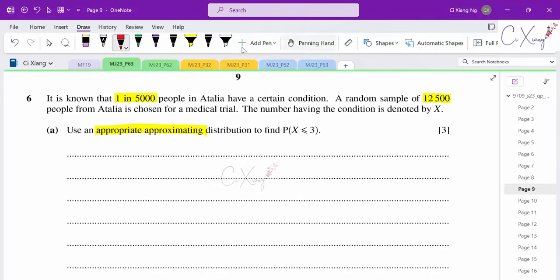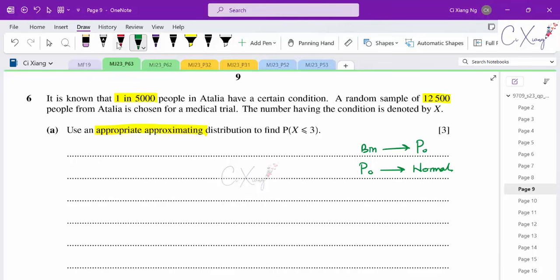Just to recall, in the A2 syllabus we have two types of approximating distribution. The first one is where we change a binomial into a Poisson. The second type is where we change a Poisson into a normal.